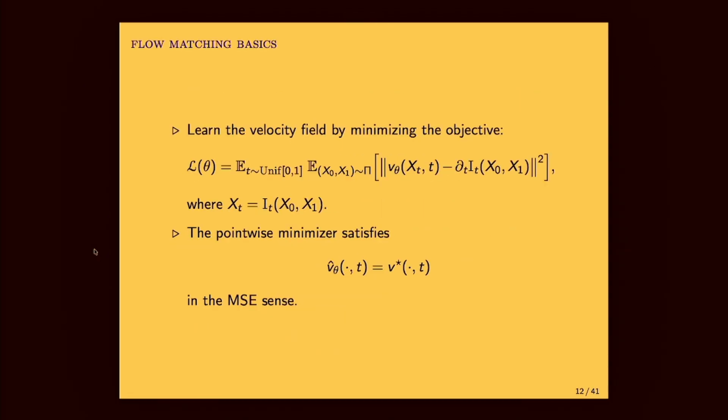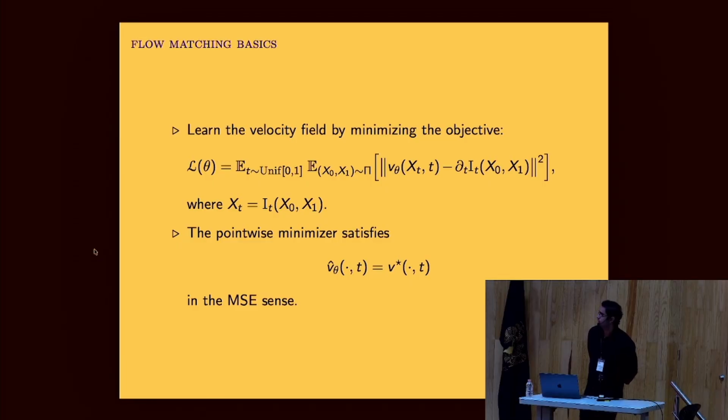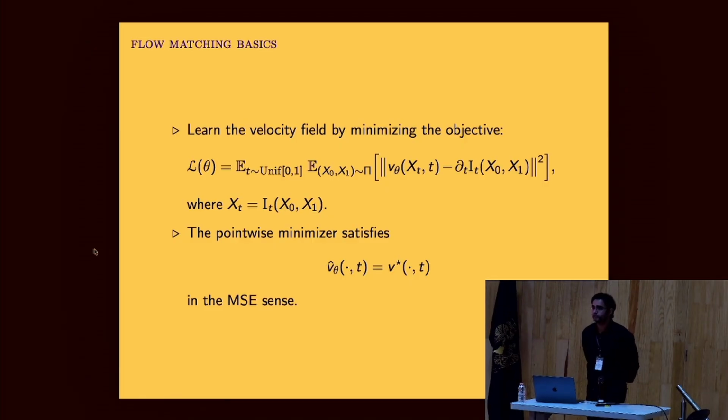Now, how do you learn this velocity field? You learn this by taking a function class theta, typically a neural network parameterized function class, and then you define a function v_theta of x_t comma t, and you match it to the instantaneous velocity field, where you sample time uniformly, and you sample your initial and final samples from the coupling pi, right?